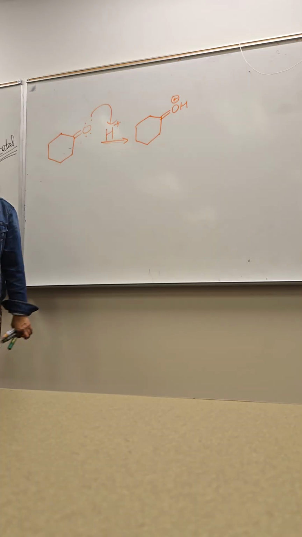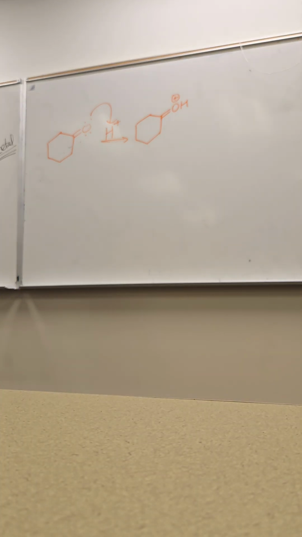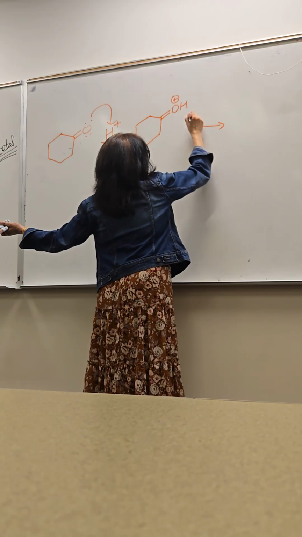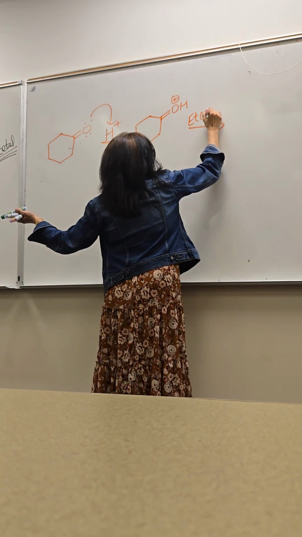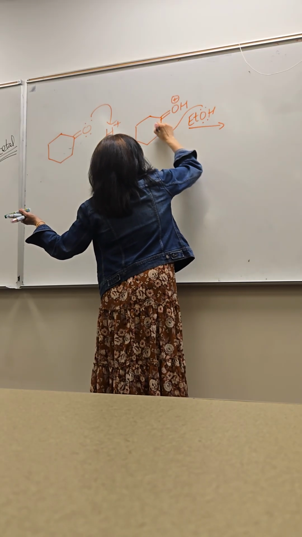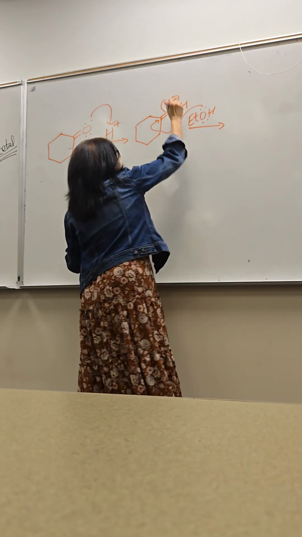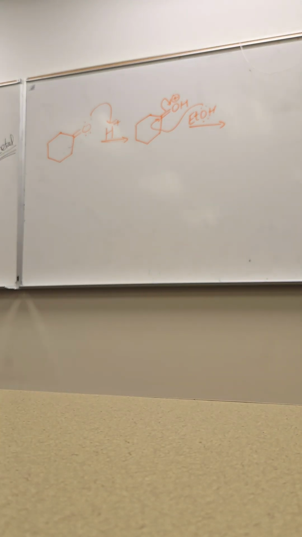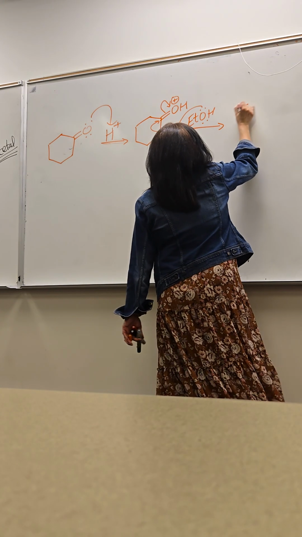Then the ROH is going to attack. The nucleophile, which is the alcohol in this case, ethanol, will attack. Guys, there's no difference in this mechanism and the hydrate. The only thing is, instead of H2O, we have the alcohol. Otherwise, it's exactly the same. Agreed? What will that create?